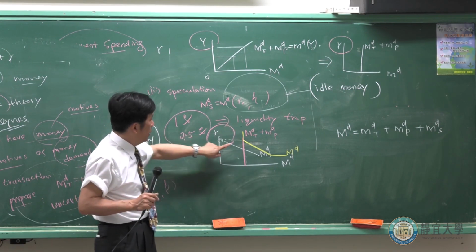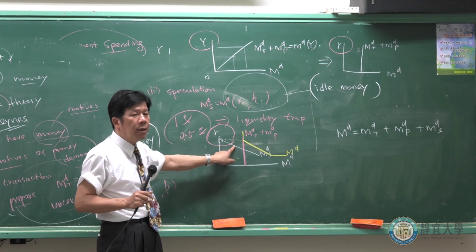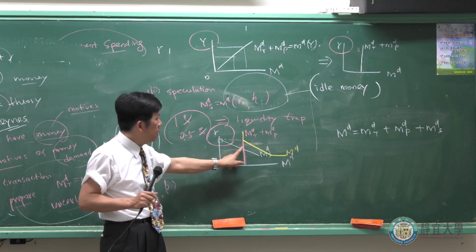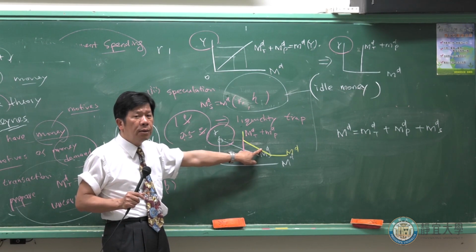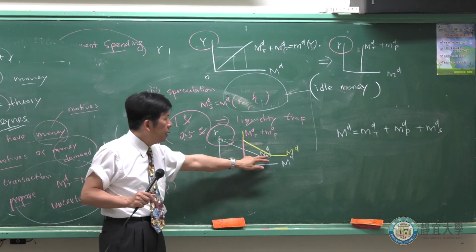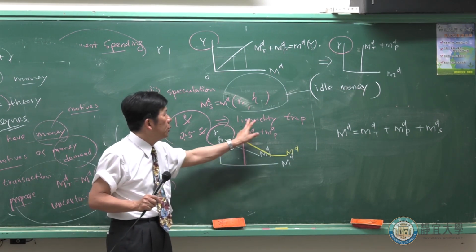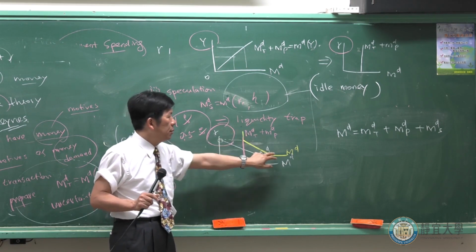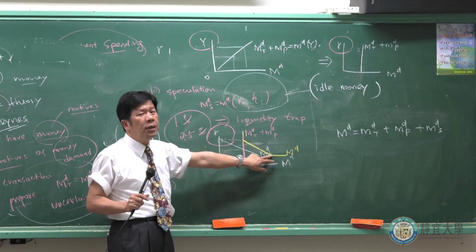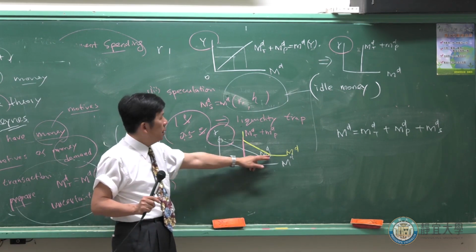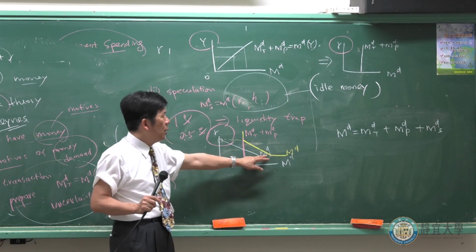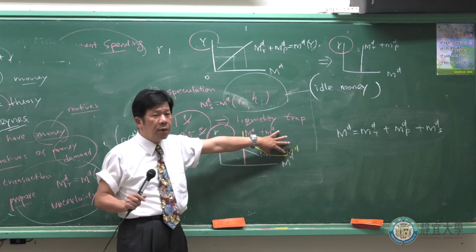And after that, this white line and the red line get together and become the yellow line. And here you can look, we call this the liquidity trap. It means when the interest rate becomes very, very low, then it becomes a horizontal line.